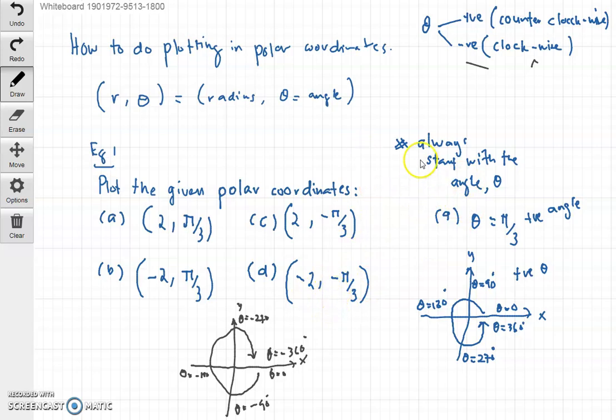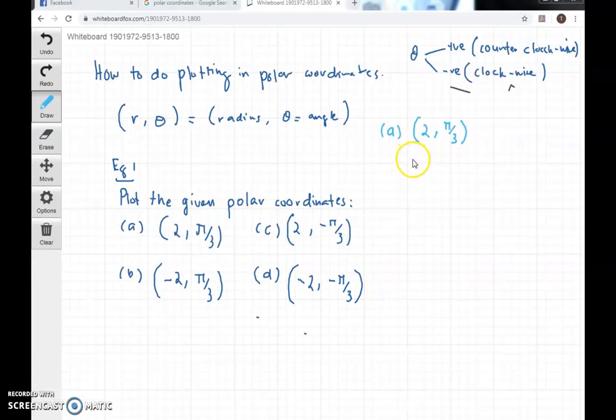Okay, so how do we do the plotting part? Let us see here. The value of your theta is given by pi over 3. If you are not familiar with the radian mode, you can convert it into degree mode by replacing the value of pi with 180 degrees.